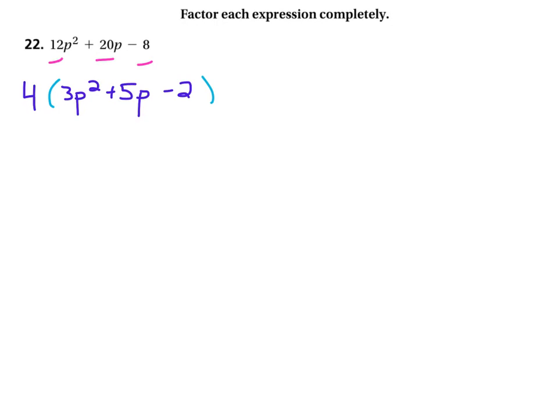So we pull the 4 out first. Now we need to break down this whole thing further into 4 times some set of parentheses times some set of parentheses. So what's this going to look like? Well, let's first just write the two numbers here, 3 and -2, that are the a and c values. We're going to multiply those together. 3 times -2 is -6.